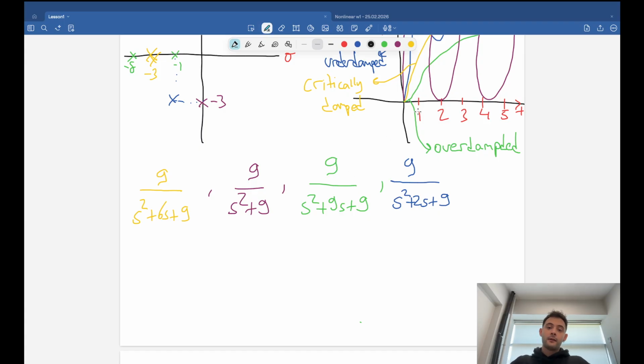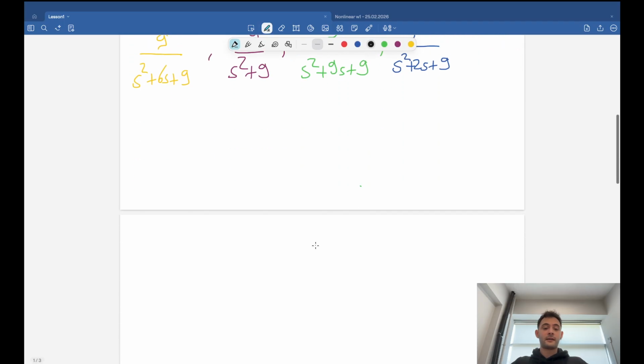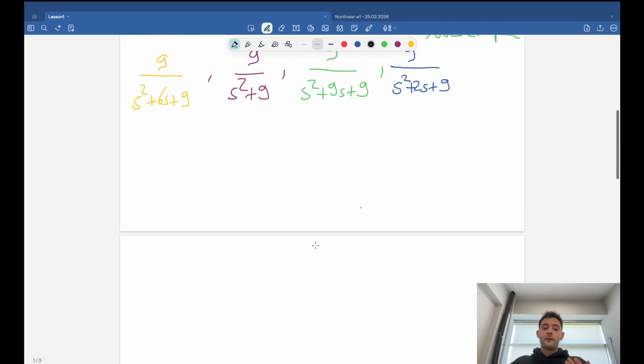So let's start with the green one. But first I will write down the general expression for second order transfer functions. For now I just write it down and I will tell you about it in a few seconds.